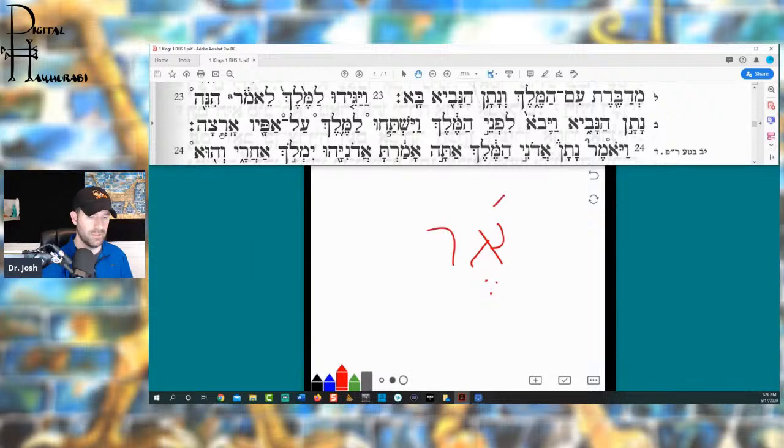Last thing we'll talk about, eretz. We all know eretz is land, earth, ground. It can mean a bunch of different things depending on the context. Oftentimes, however, we don't get this segulate form. Sometimes we get aretz.